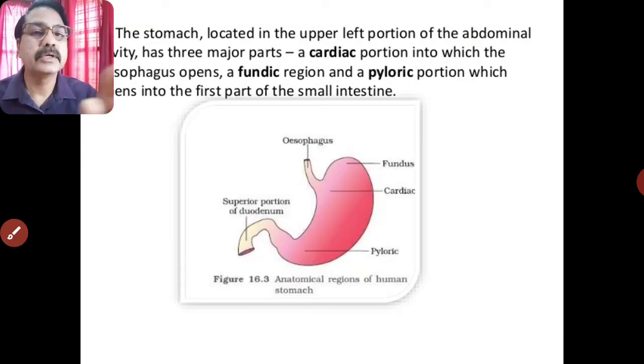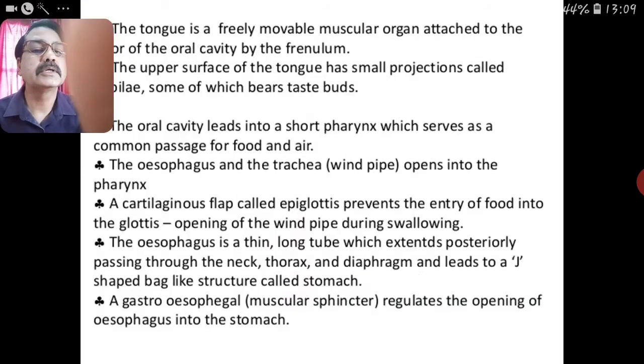Here you can see the stomach, located in the upper left portion of the abdominal cavity, has three major parts. A cardiac portion into which the esophagus opens. This is the cardiac portion.